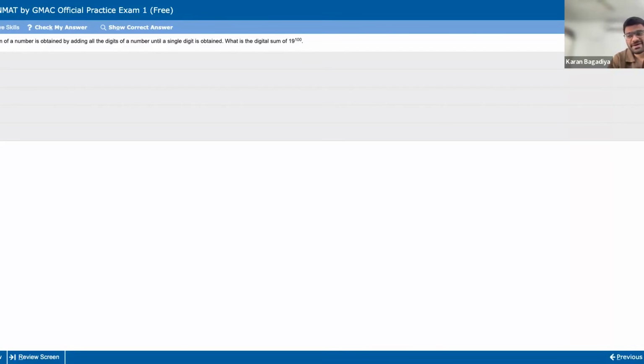So I would like you all to recall and give me a thumbs up: do you all know that we take the summation of the digits and then keep reducing that to check whether the number is divisible by 9, as well as get to the remainder if not divisible by 9? Are we okay with that part? And I'm sure most of you all know it.